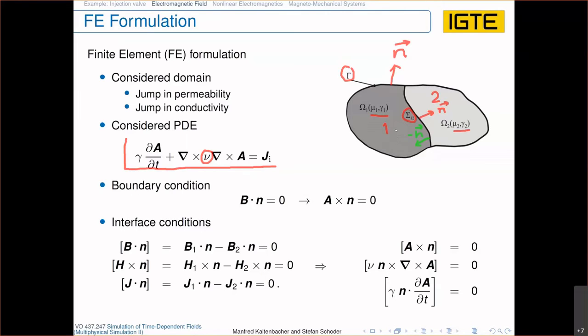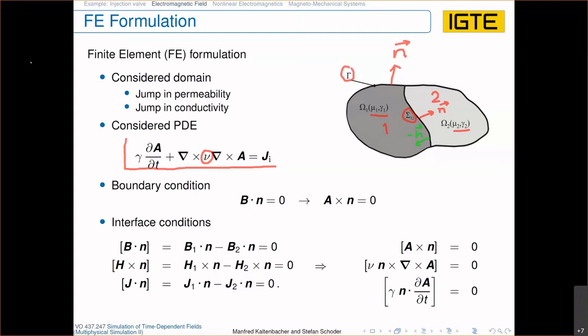In aluminium, the conductivity is quite high, so you even have here a jump from a high value to 0. So we also have to make sure that such an interface condition is fulfilled, not only in the continuous setting, which means our weak formulation, but then also when we perform a discretization by finite elements.